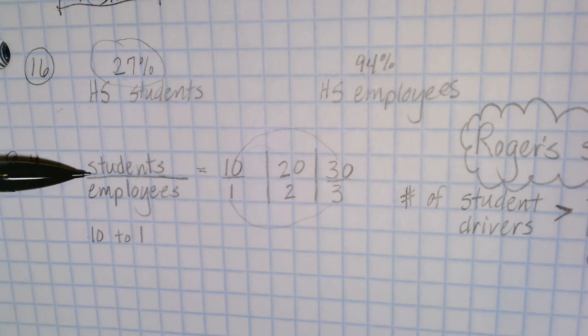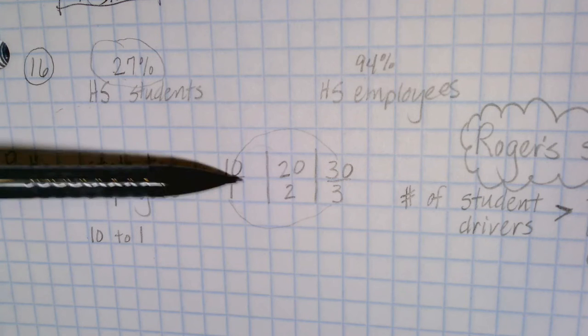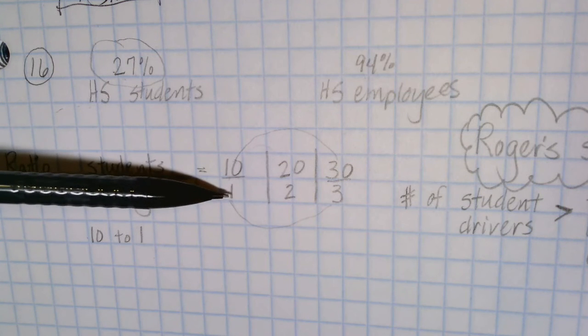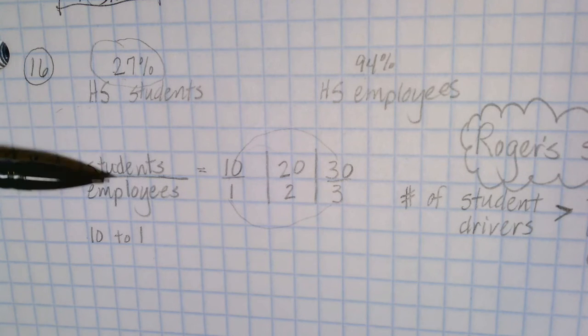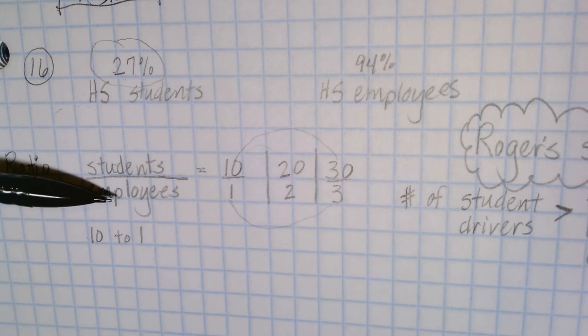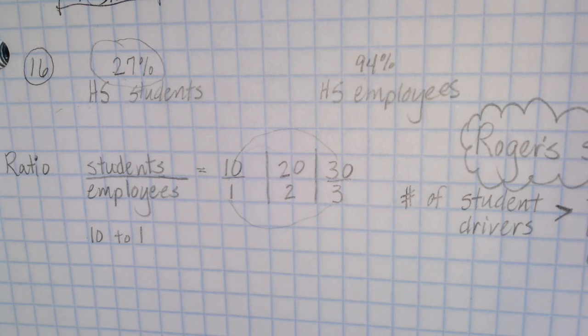But this part, this ratio, shows us that there is a ratio of 10 to 1 for students to employees. So this is where we want to use our math, and we want to say, could this be true? Well, let's just make a fictitious high school.